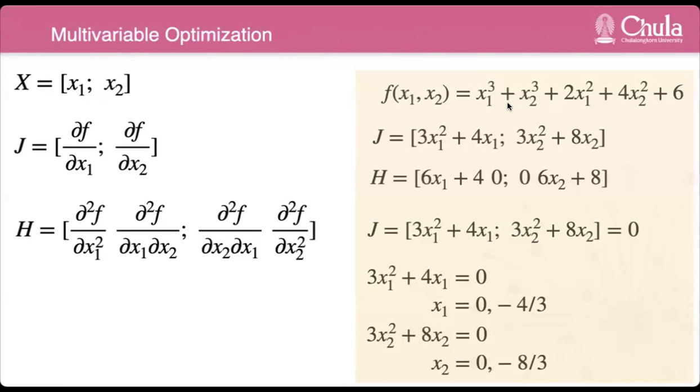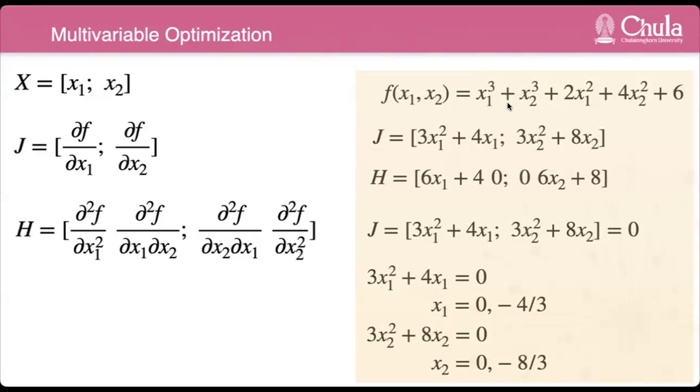And the last one, we take the derivative of 3x2 squared plus 8x2 with respect to x2. So we got 6x2 plus 8. Okay, it's a matrix. So this is the Jacobian and this is the Hessian. All right.